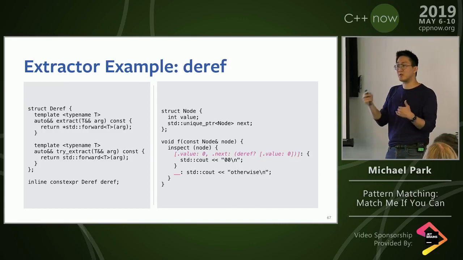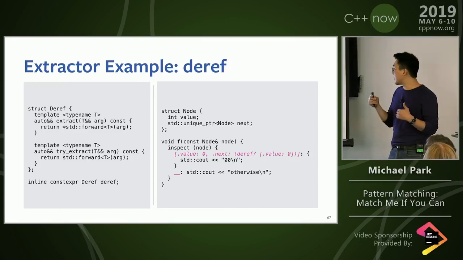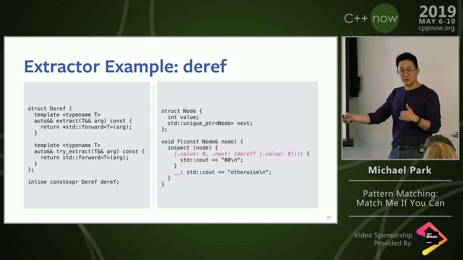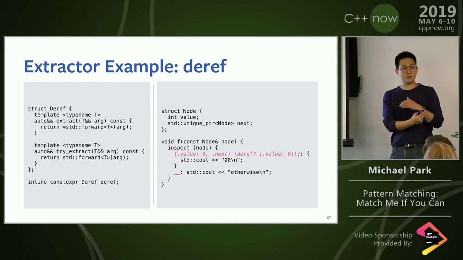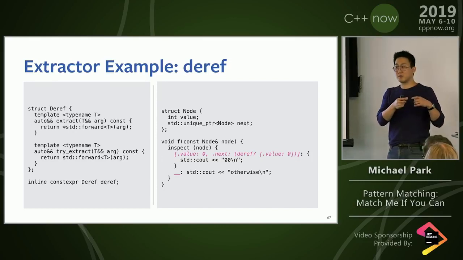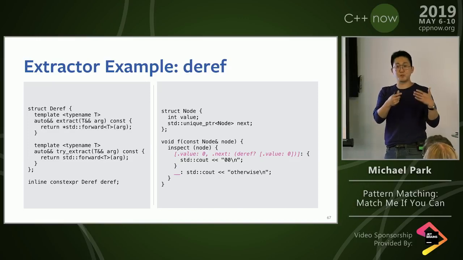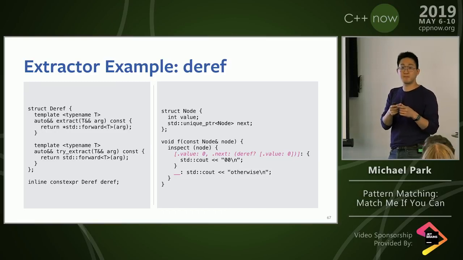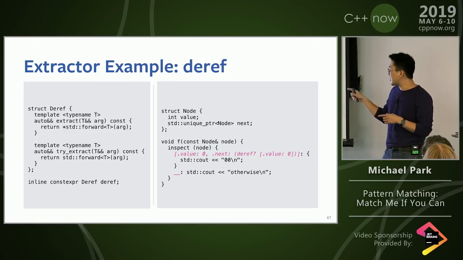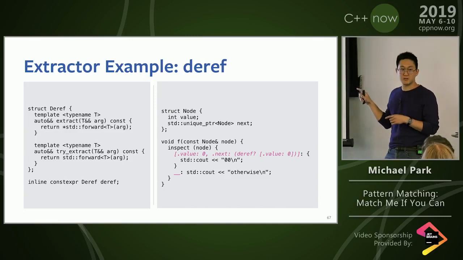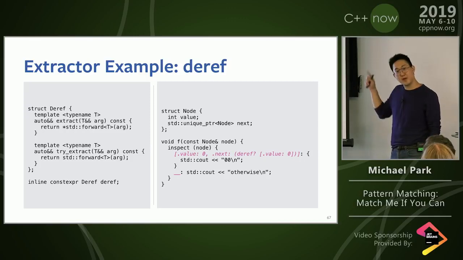If we say Deref question mark, then we will say Deref.try_extract(node), which will just return node. Then we'll see if the node is convertible to bool. If it succeeds, then we're going to dereference that and match P on the other side. Right? Everyone follow? If you wanted to have an unchecked version of Deref, then you could say Deref bang, which would call extract, which would not do this conditional null dereference check.